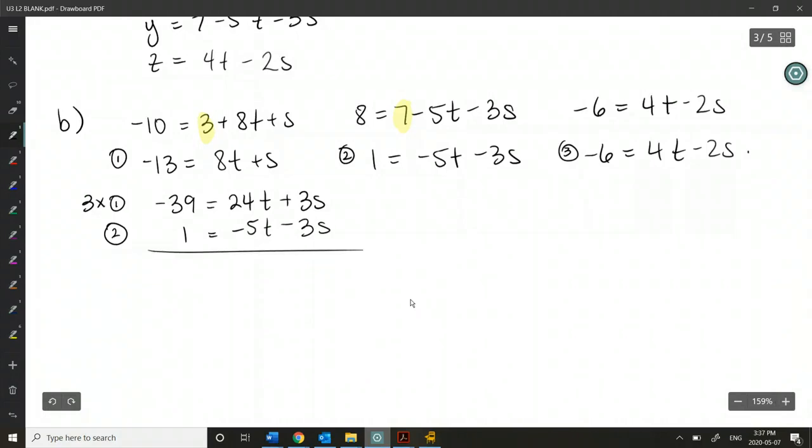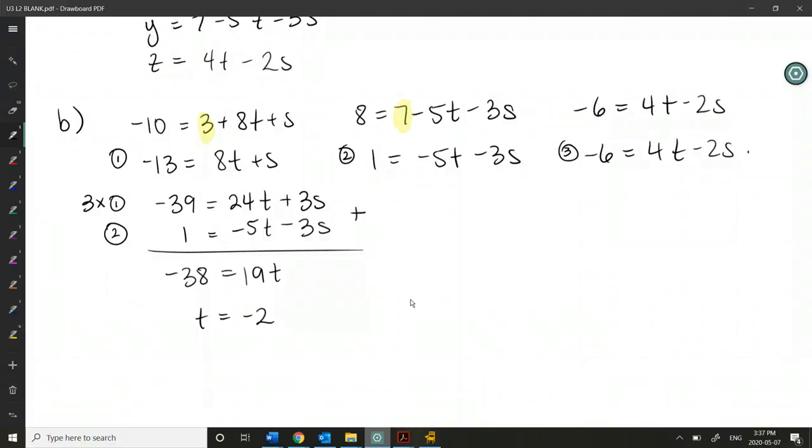Now this one has one positive 3s and one negative 3s, so I think we can eliminate the s's by adding the equations. So we're just going to add straight down here, so using elimination, and the s's are now gone. So if we divide that 19 out, you should notice that you get a t value of -2.